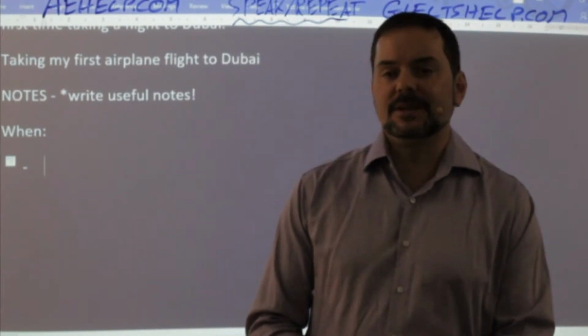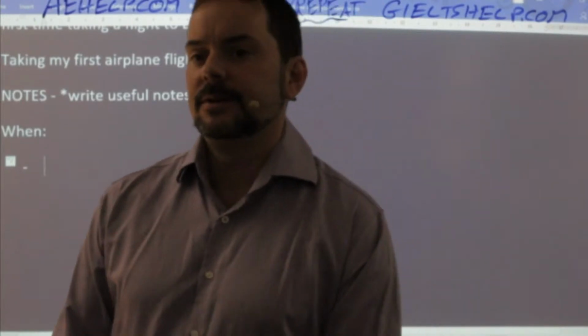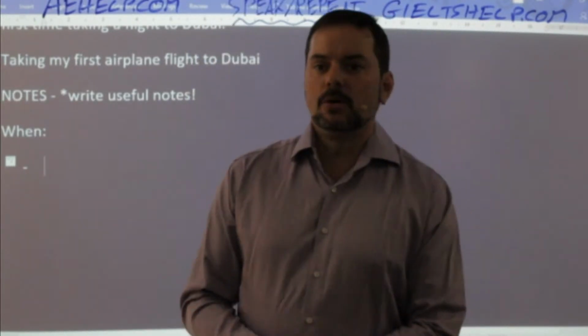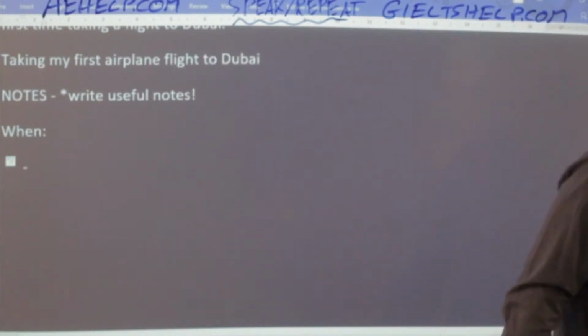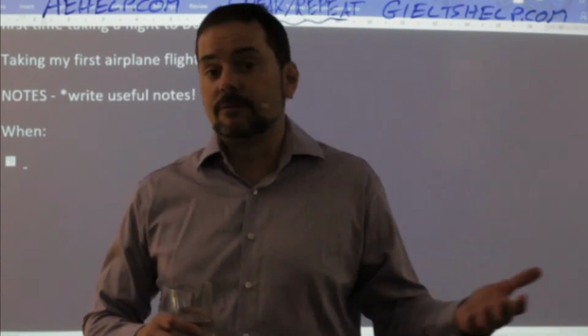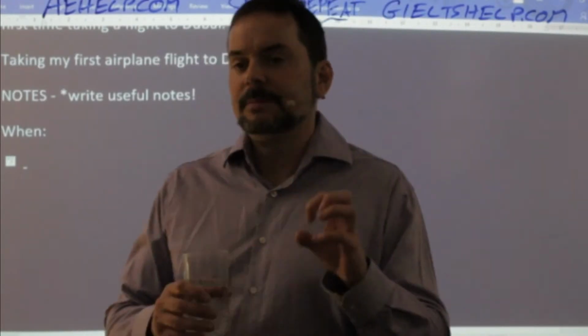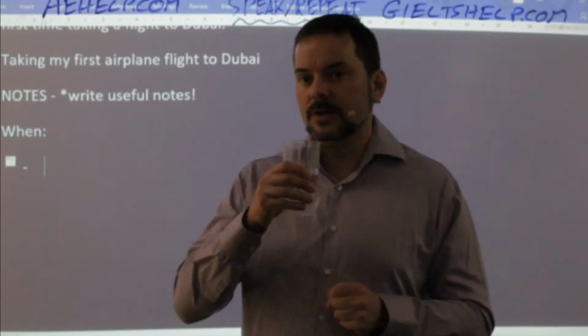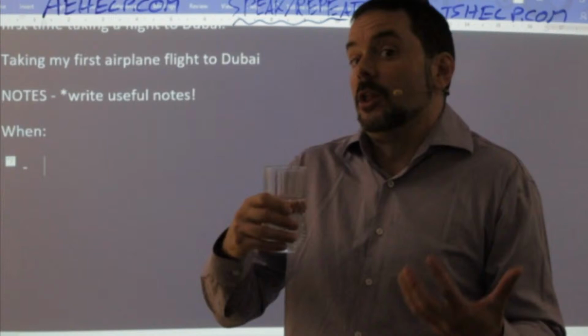Give me a specific time. And be specific here. So don't just say 2 years ago, all right? You don't need to write that down in your notes because anybody can remember that you took a flight to Dubai 2 years ago. So you want to be a little bit more specific if you're going to write something useful, okay? That will help you to develop your speaking.